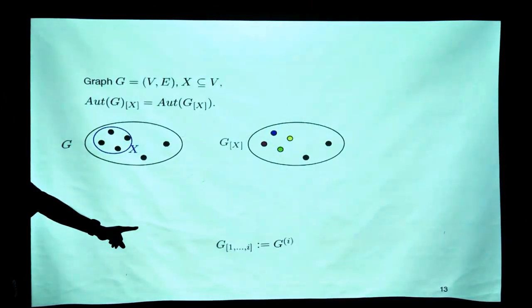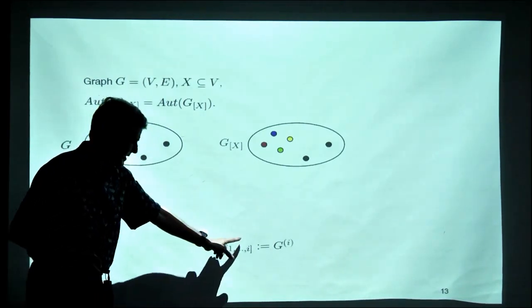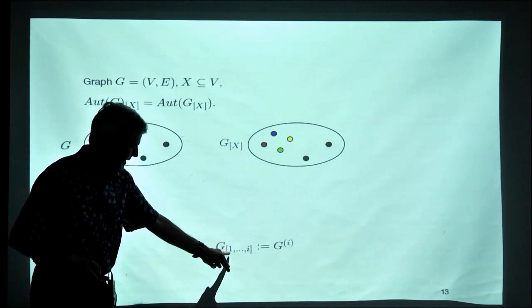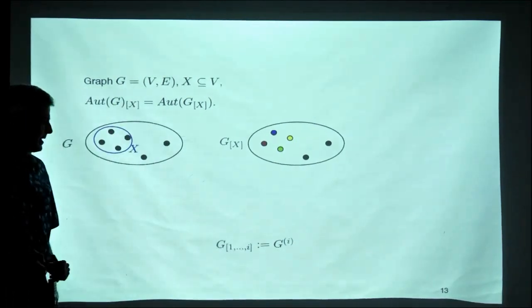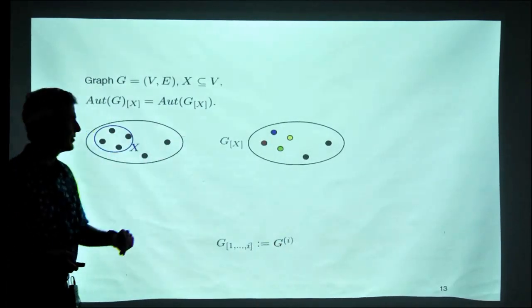Okay, and this is just the notation. If we have this, it is the set of automorphisms in G fixing all the vertices from 1 to I, and instead of this, I would denote G, I.